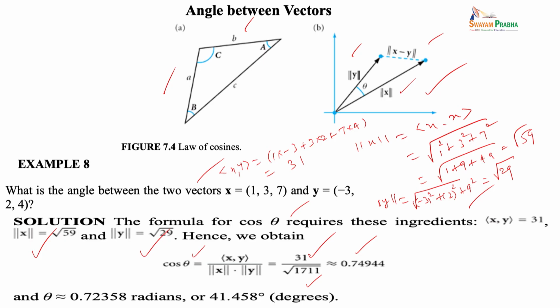Theta is the cos inverse of this value, and then we have theta as 0.72358 radians or 41.458 degrees after conversion. So, this way we can find the angle between two vectors.